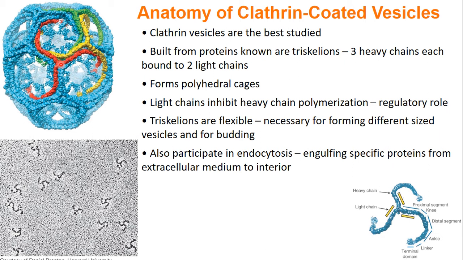Here the red is one triskelion, yellow and green are others. The light chain actually inhibits your heavy chains from coming together like this, so they form a regulatory role, so you're not forming vesicles without needing to carry something. And these triskelions are flexible, and that allows for different sizes and shapes of vesicles to be formed.